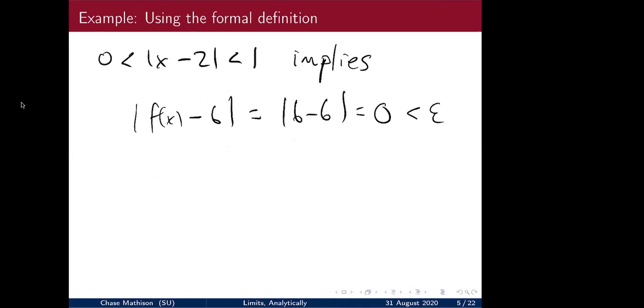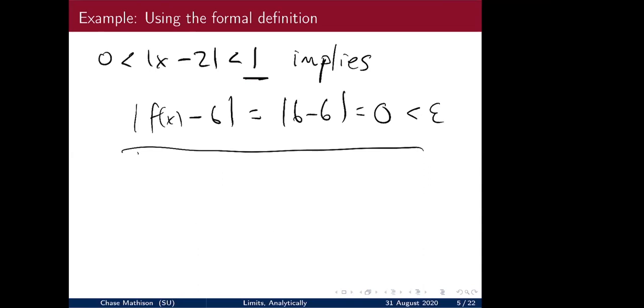Because epsilon is a small positive number. And so that's exactly what we wanted to do. We found delta, which is 1. You could have picked 2. You could have even picked 3. You could have picked anything positive for delta, and you would still get this line, which is the line that we need to say that this limit exists and is 6.